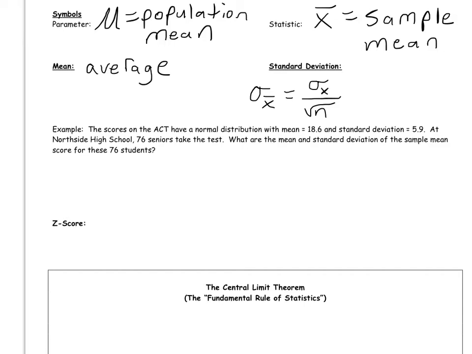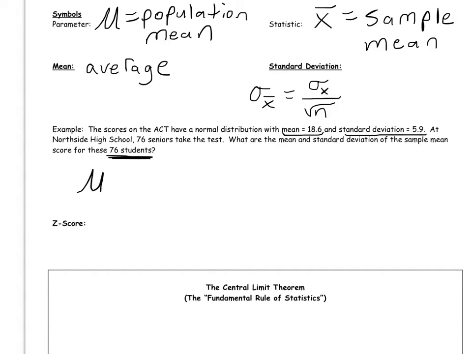So let's look at an example here. The scores on the ACT have a normal distribution, and they've got a mean of 18.6 and a standard deviation of 5.9. But now we want to look at the sampling distribution if we're sampling 76 seniors. The mean is going to be the same as if we were just sampling one senior at a time. The mean of groups of 76 is going to be the same as the mean of the single scores of all of the students.